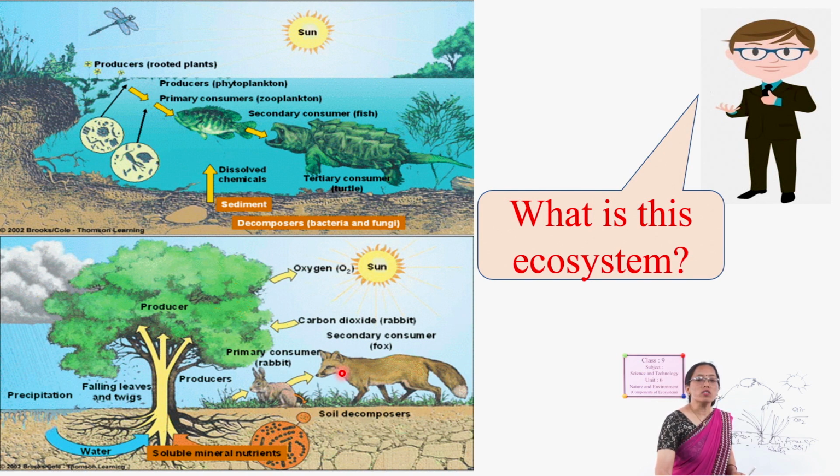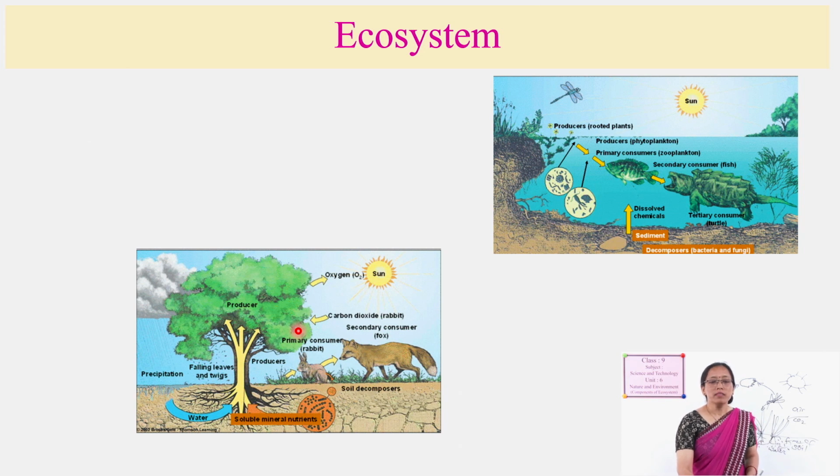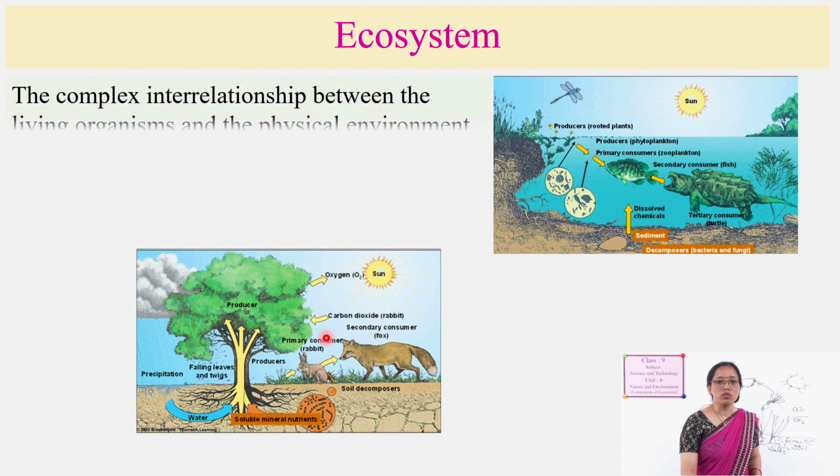This complex interrelationship among these organisms to survive in an environment is called an ecosystem. Inside the water also there is an ecosystem, and on the land also there is an ecosystem.